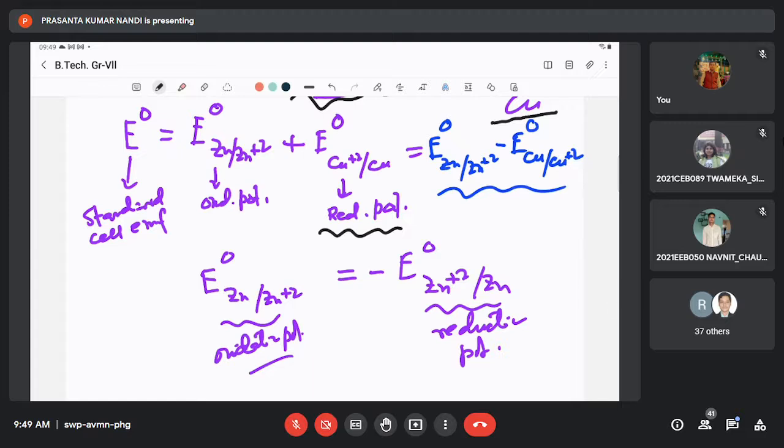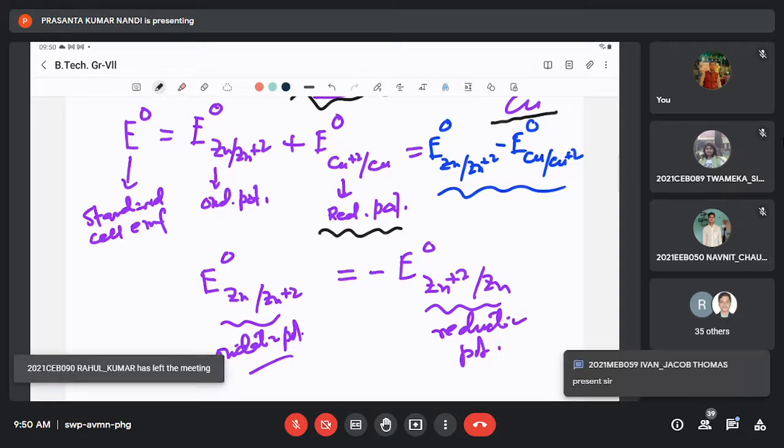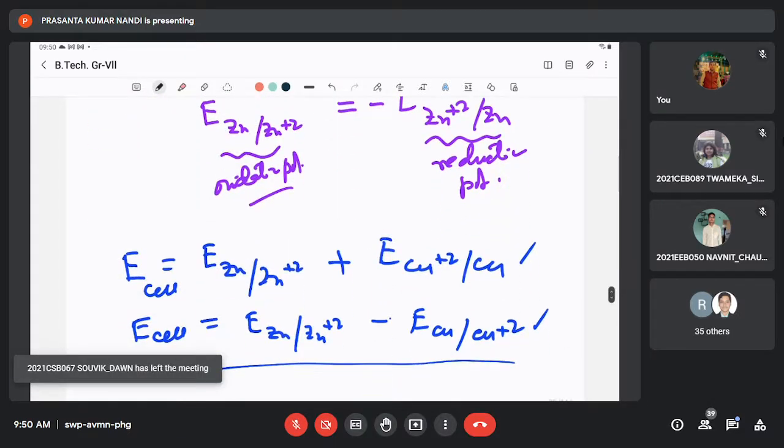If you find an oxidation potential, if it is positive, and you put its negative value, then that would indicate the reduction potential. Say, for example, zinc when it passes to zinc ion, we call that oxidation potential, whereas the reverse case, that is zinc 2+ to zinc, represents a reduction process, and that's why this electrode potential is called reduction potential.